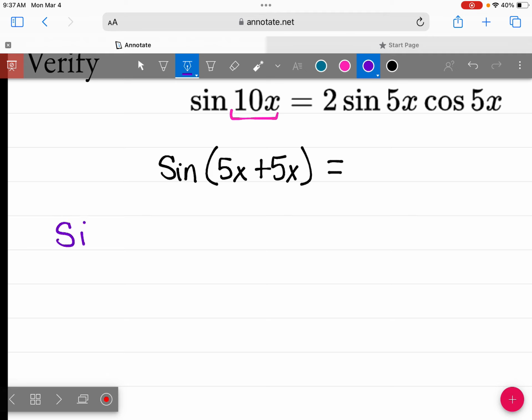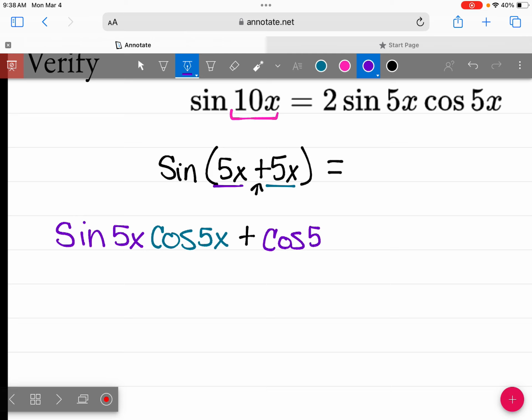So sine is going to be sine of the first angle, 5x, times cosine of the second angle, 5x. It uses the same sign as our operation here. And then it's cosine of the first angle, 5x, times sine of the second angle, sine of 5x.